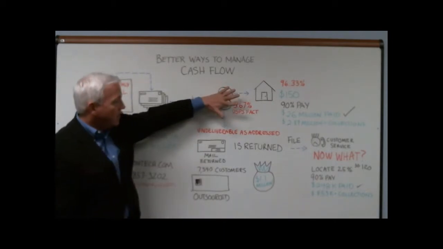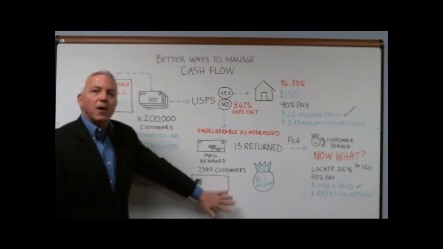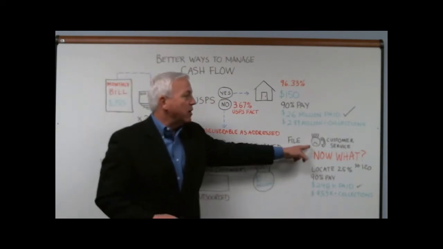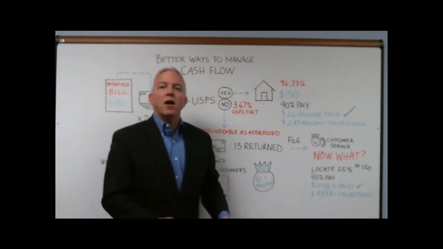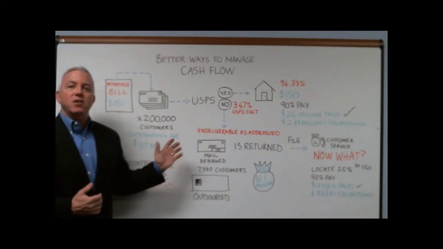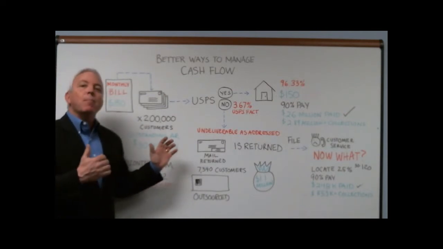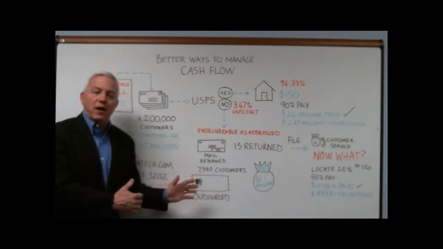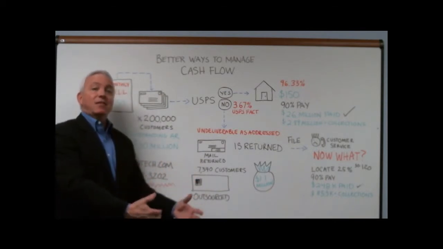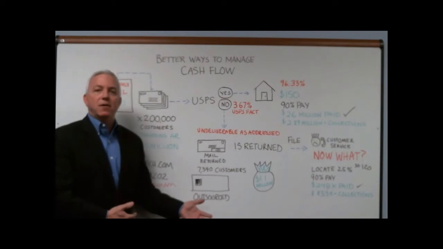So in this flow, somebody has told you it's come back undeliverable. Great. But now it goes into customer service. Now what? The whole reason you bill your customers is to get paid. You haven't got paid yet. You can't get paid until you find your customers, and once you find them, you have to make sure they get the bill and then they actually pay you.